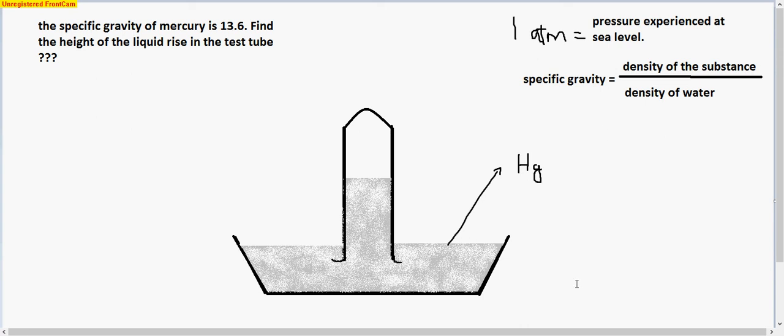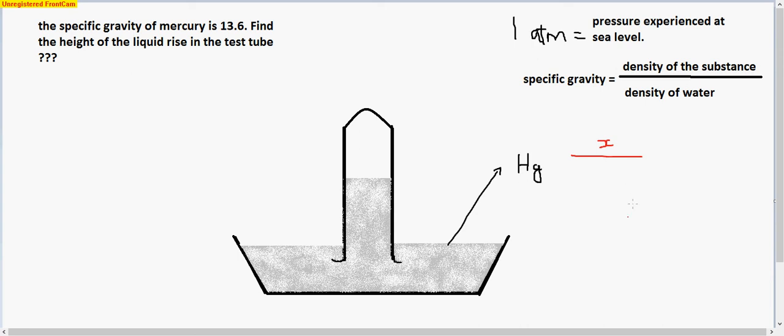Now let's do the problem. Okay, let's consider, I'll do it in another color, let the density of the substance, that is mercury, be X. And what is the density of water? I told it before.